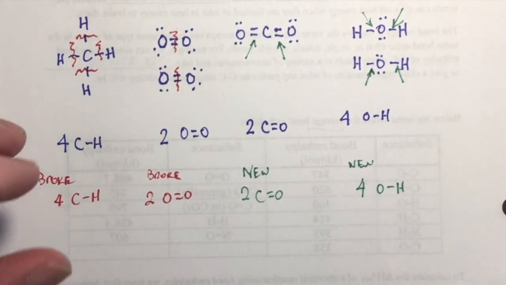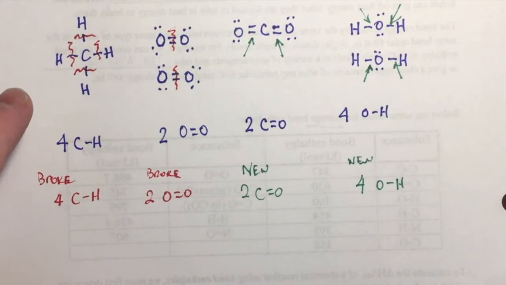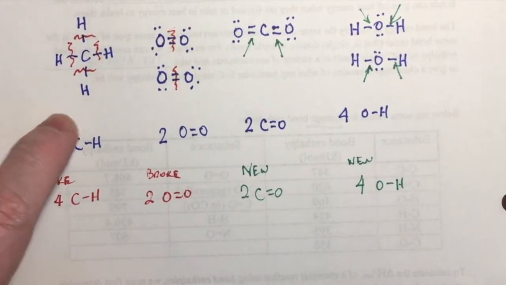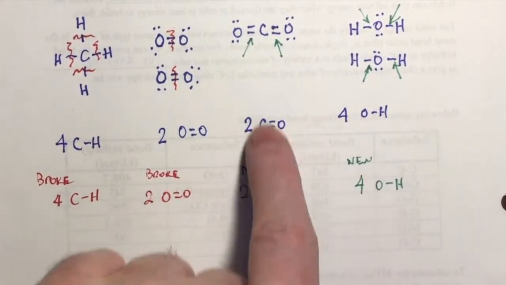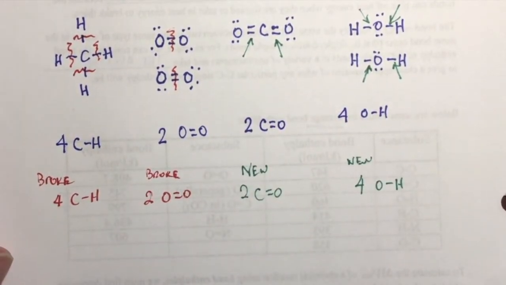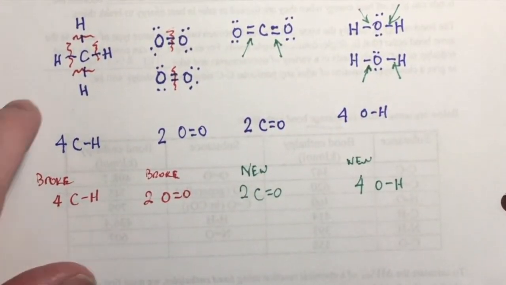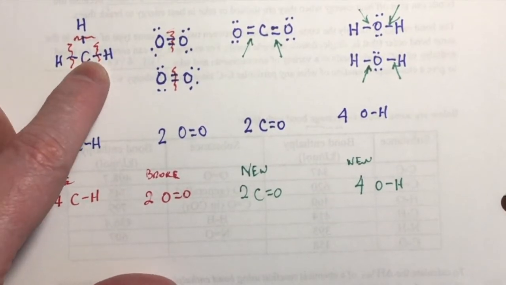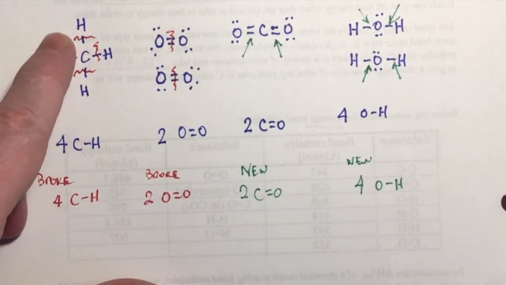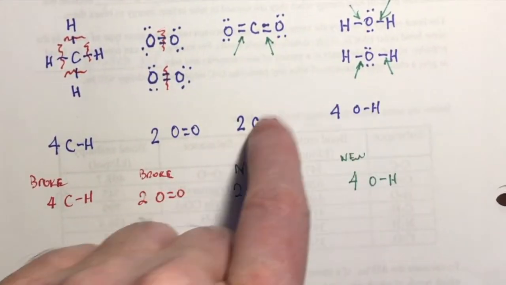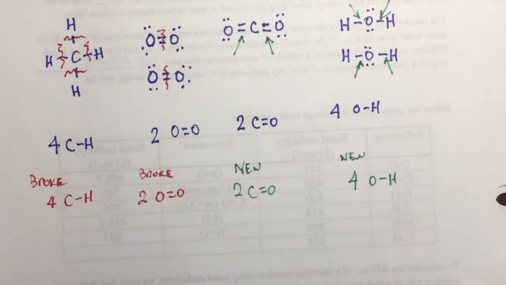It just so happens that in this example, all of the reagent bonds were broken, and all of the product bonds were newly formed. But that doesn't always happen. In some reactions, you might only have 1 bond that is broken, and all of the rest stay intact because they can be seen on the product side, right?